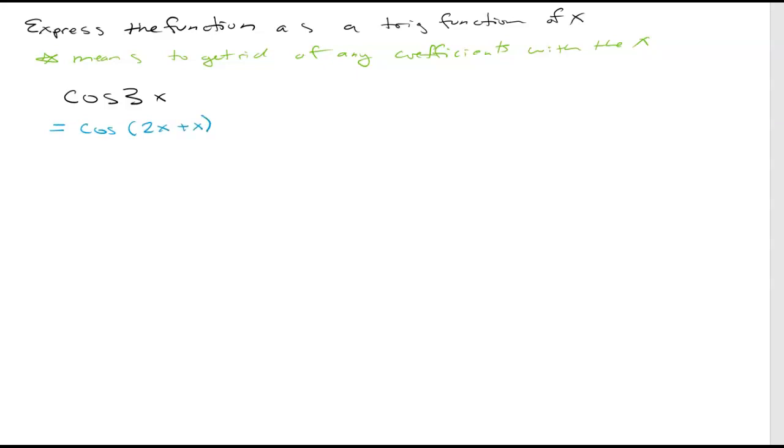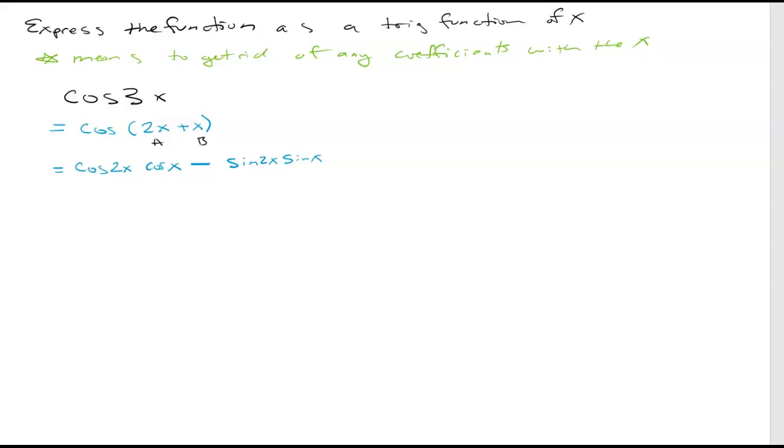I'm going to use my sum of a cosine identity. When I do this, right, again, 2x is like my a and x is like my b. So now this becomes the cosine of 2x times the cosine of x, opposite sign, sine of 2x times the sine of x.